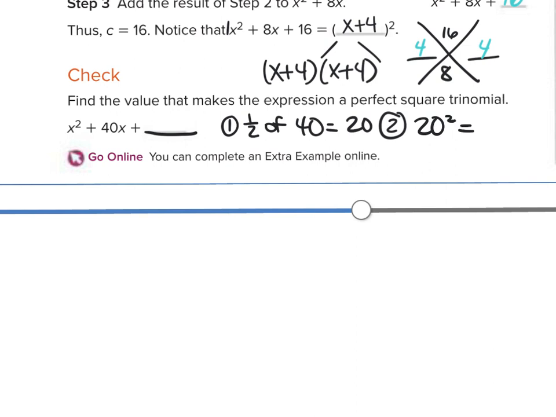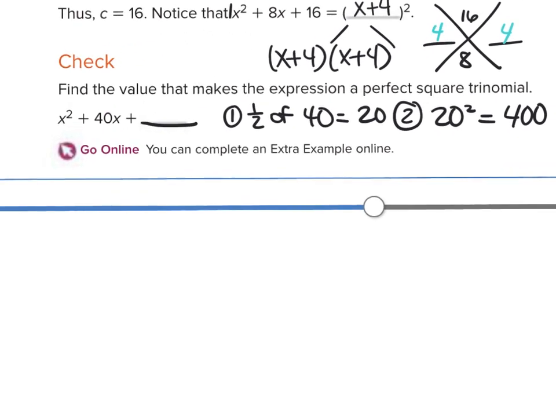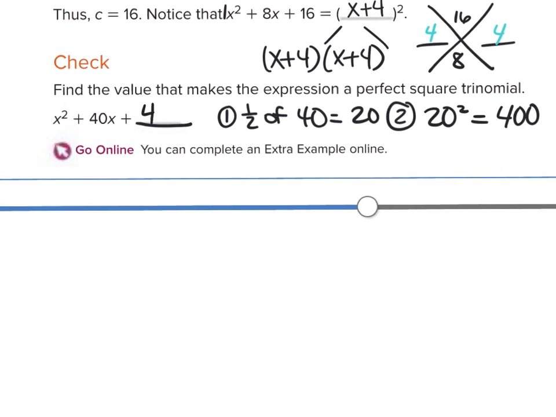What's 20 times 20? Colin, what is that? Type that in if you need. So that's 400. All right, and then we will add that to the end in that c spot. When we get to the next, we're going to add to both sides. So this number would be 400. Okay.